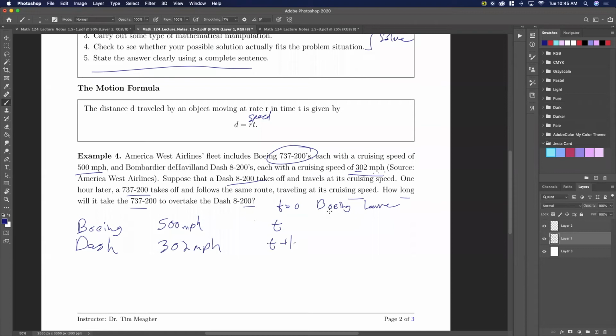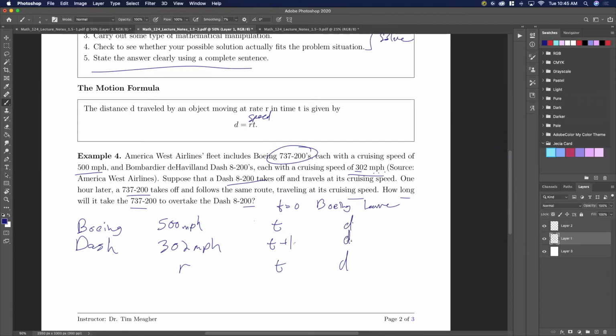So here we're using the distance formula. Here's my rate, here's my time, and here's my distance, d, which I do not know, where they'll meet up with each other.